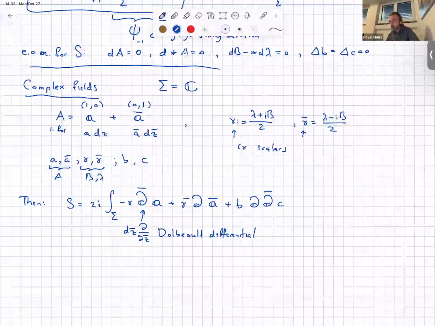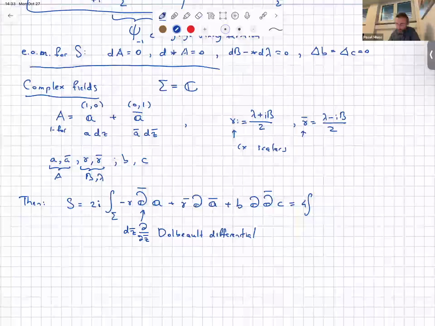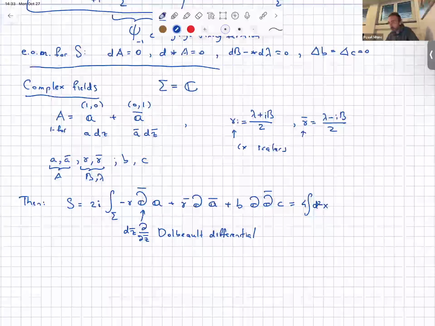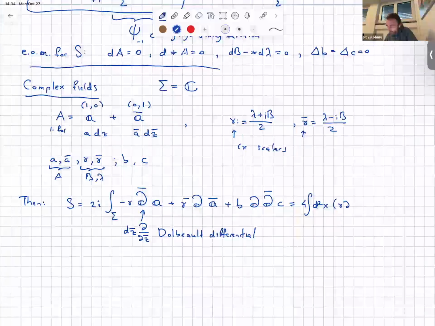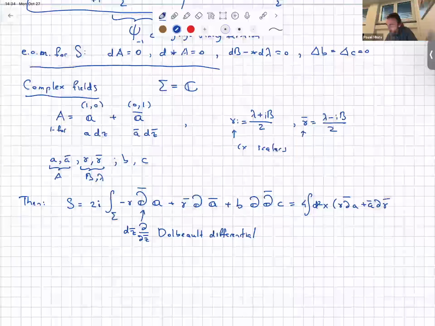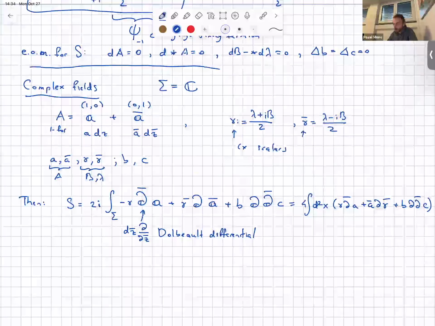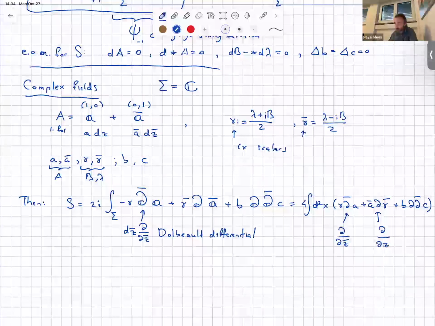Another way to write it, just using these coefficient fields, little a bar, is as an integral over the plane with respect to the standard area form, gamma del bar a plus a bar del gamma bar plus B del bar C. And here del bar is just the derivative in z bar, and likewise del is the derivative in z.